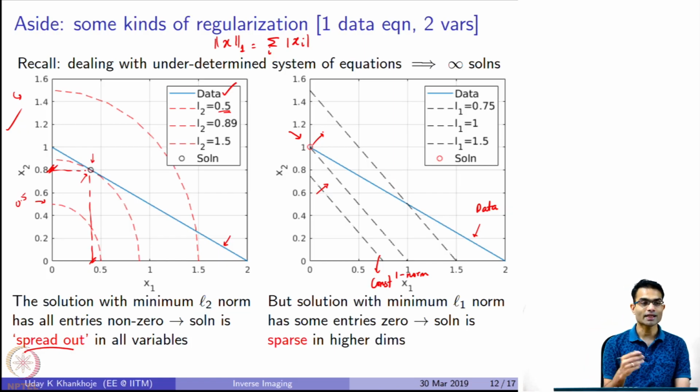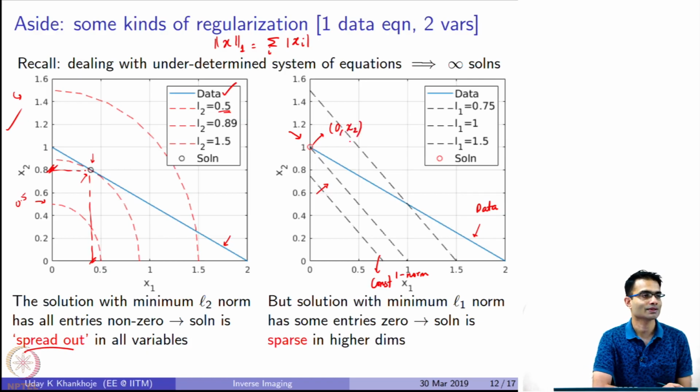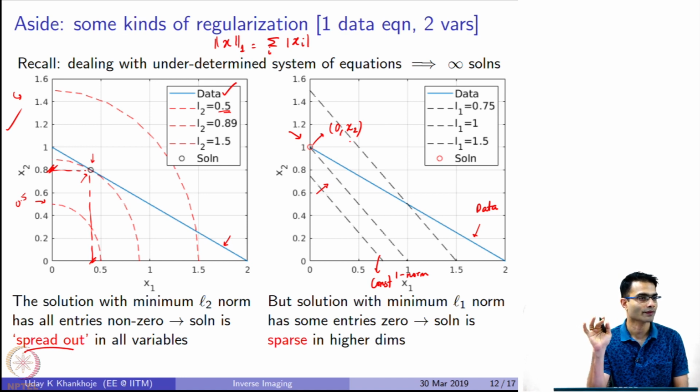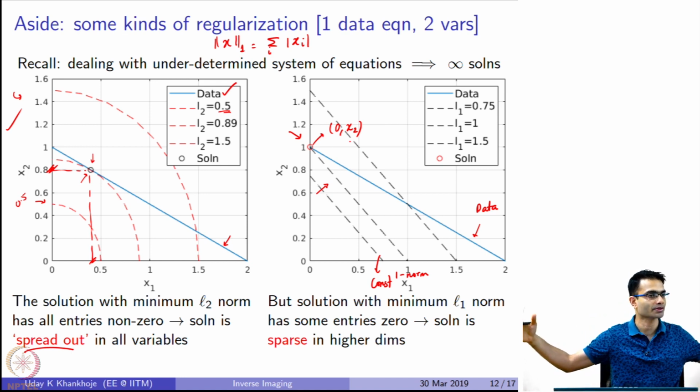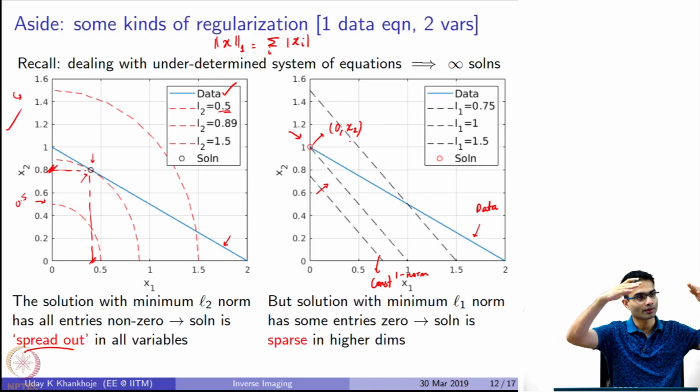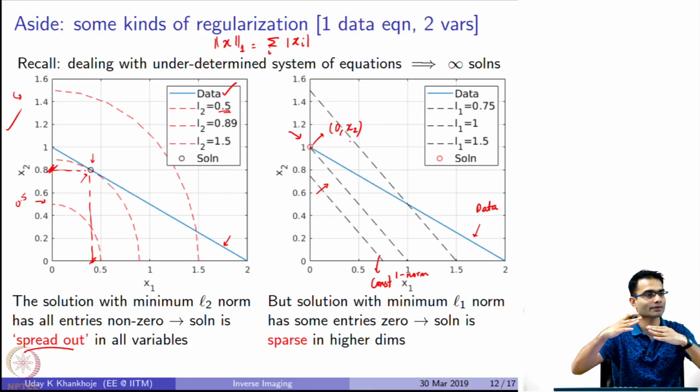Now, just look at the nature of this solution. Over here, you can see that this has a non-zero value of x2 and the value of x1 is 0, right. So, in this very toy example, it is a sparse solution because one entry is 0. If I expand this idea to multiple dimensions, this hyperplane will touch at some axis only, it will not touch somewhere in between.